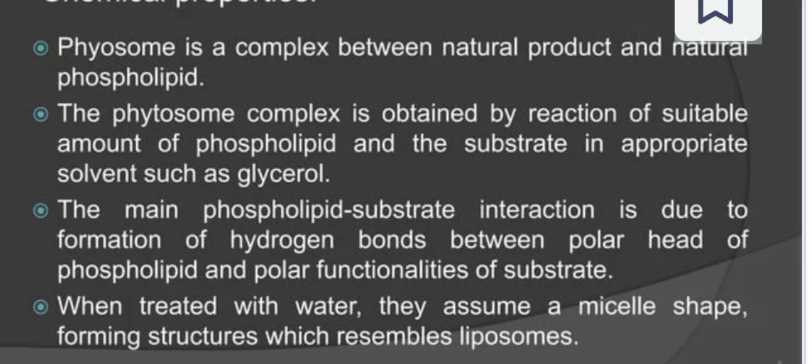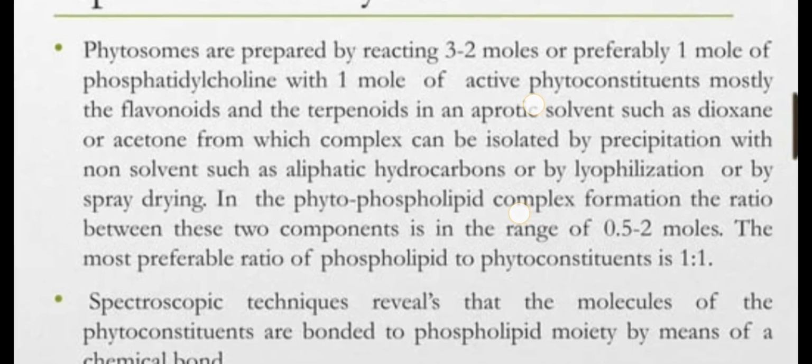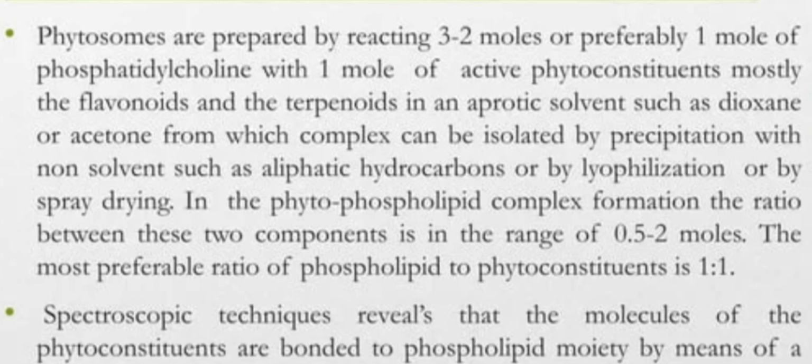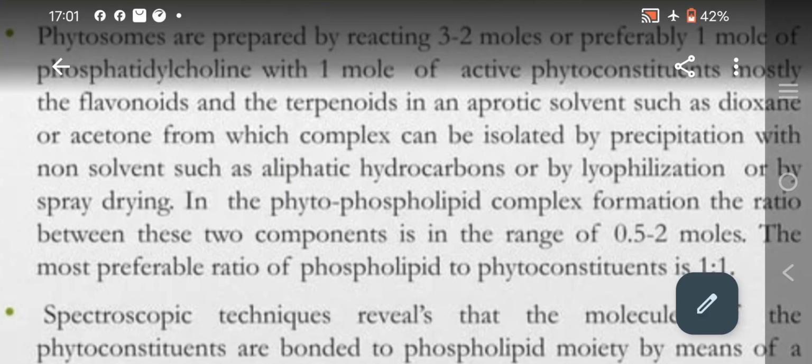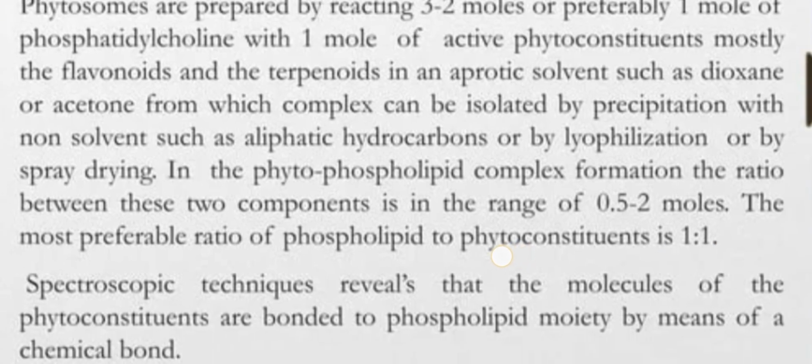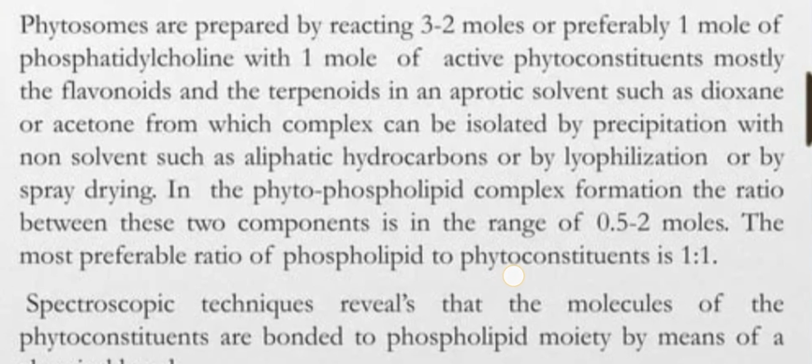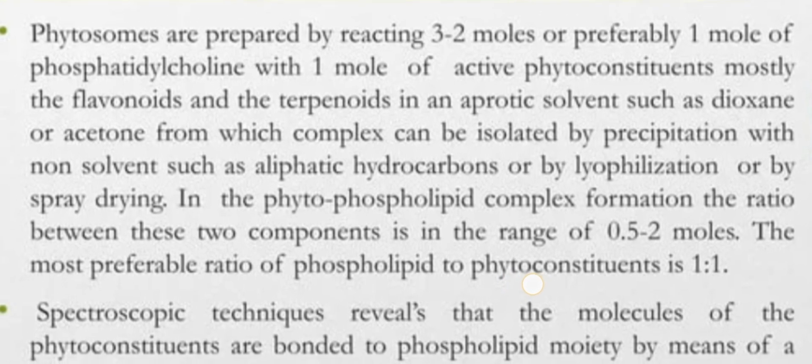Now, how are phytosomes prepared? Phytosomes are prepared by reacting 3 to 2 moles, or preferably 1 mole, of phosphatidylcholine with 1 mole of active phytoconstituents, mostly flavonoids and terpenoids, in an aprotic solvent such as dioxane or acetone, from which the complex can be isolated by precipitation with non-solvents such as aliphatic hydrocarbon, or by lyophilization or spray drying.